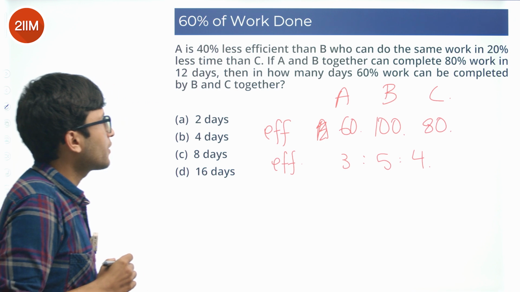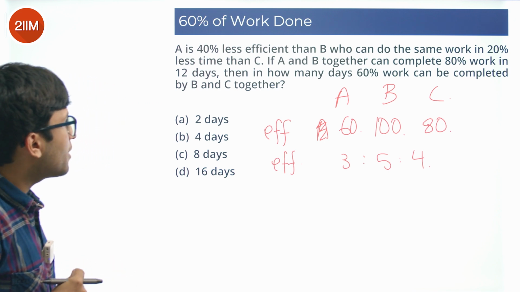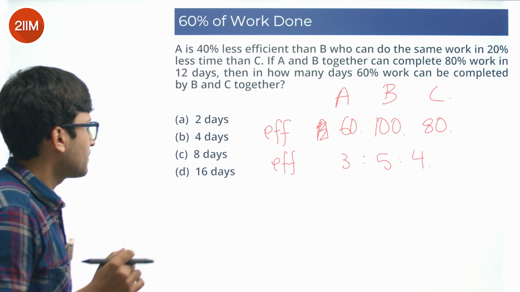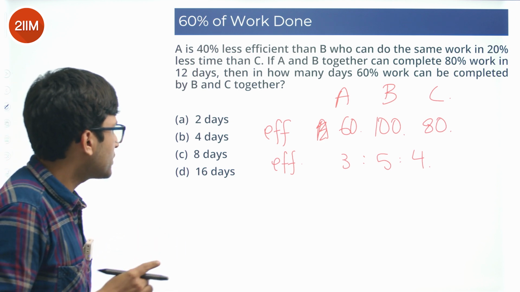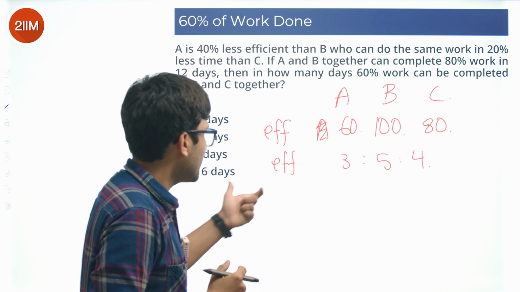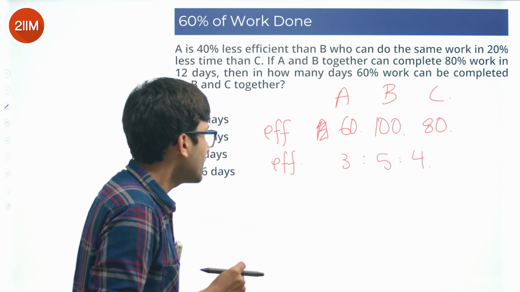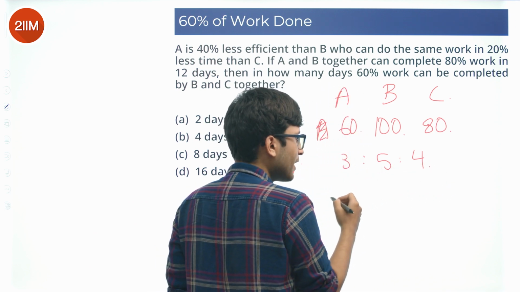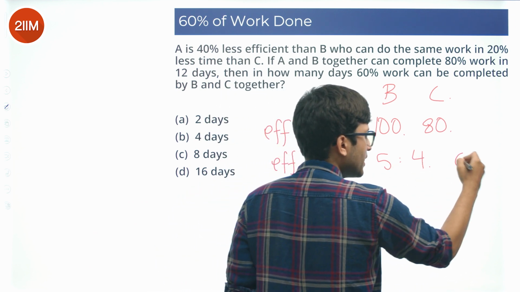Okay, we are not done with the question. What is the next part? If A and B together can complete 80% of the work in 12 days. Okay, so first of all, there are days involved. So let's convert efficiency into number of days. If these are my three efficiencies, then the LCM of these three values will be equal to 60.